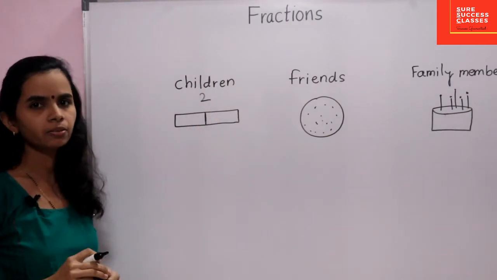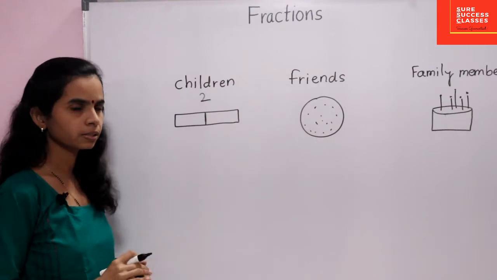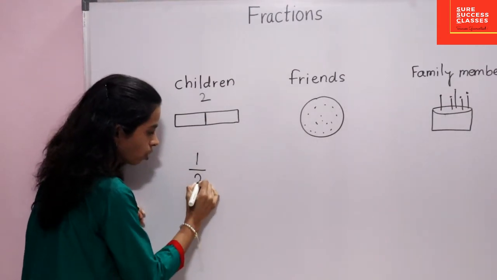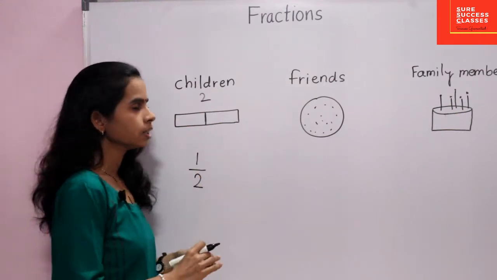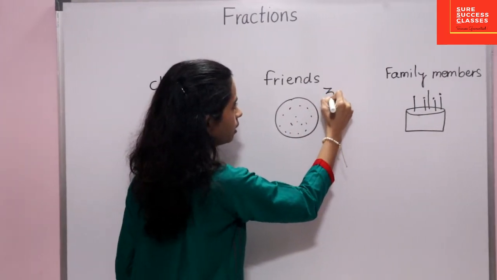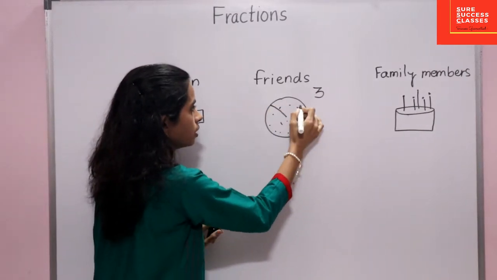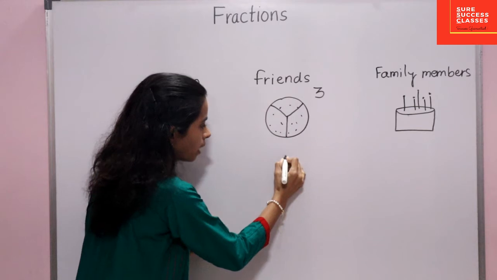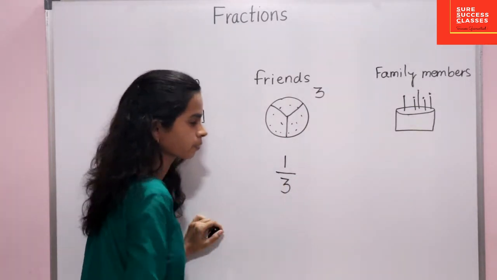And each child will get one part out of two equal parts. If there are three friends and they have pizza, at that time each friend will get one part out of three equal parts.